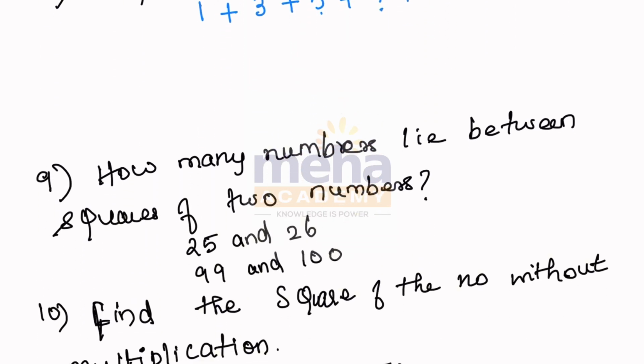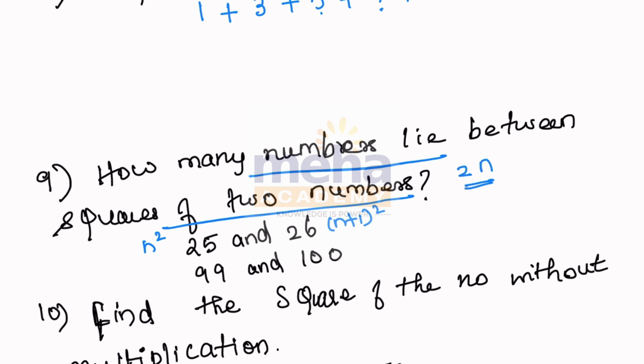Next question. How many numbers lie between two square numbers? The example square numbers are 25 and 26. I will represent 25 as n square and this is n plus 1, the whole square. So always the formula is that there are 2n numbers lying between n square and (n plus 1) square.